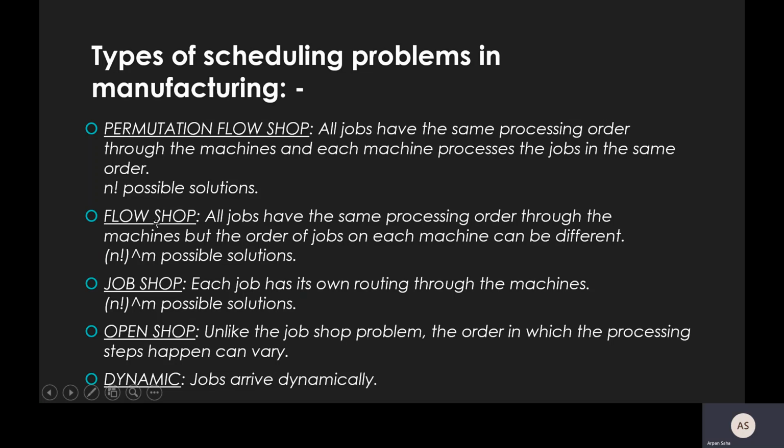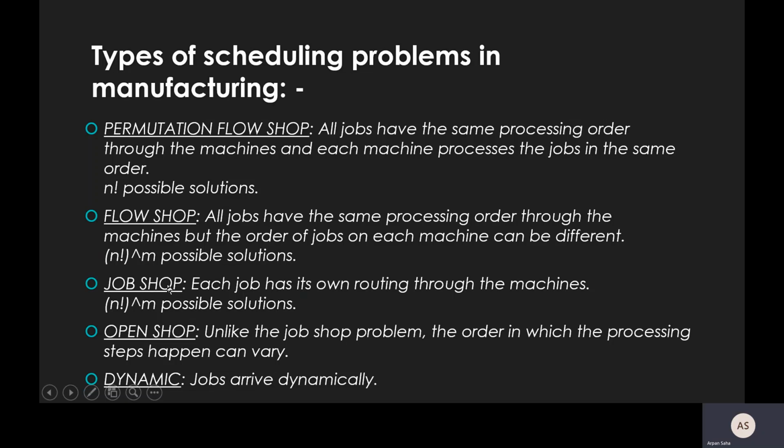So this is the difference between flow shop and permutation flow shop. There is more restriction in permutation flow shop. That's why there we have to go through only n factorial number of possible solutions if we perform exhaustive enumeration.